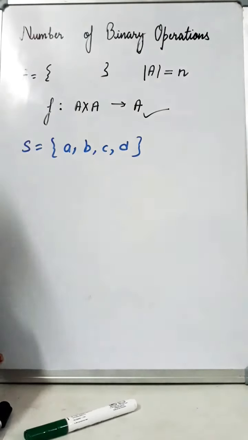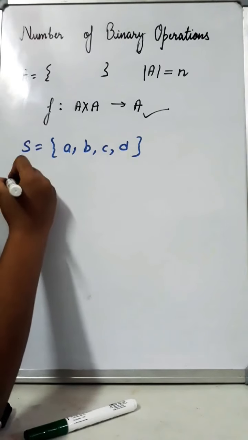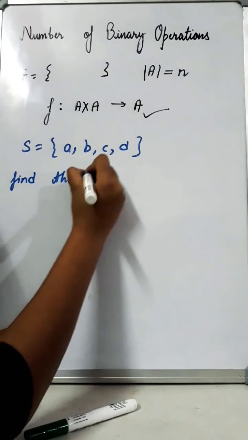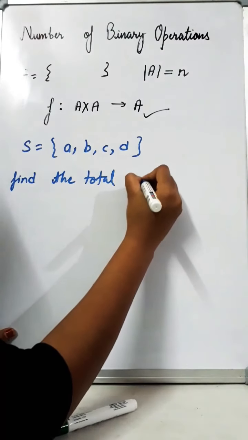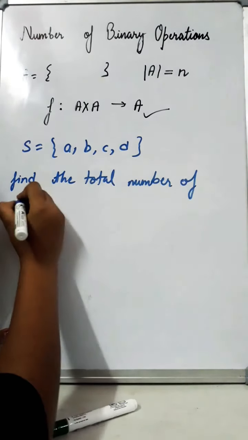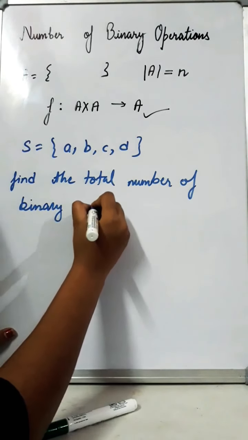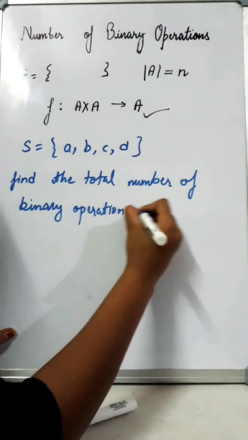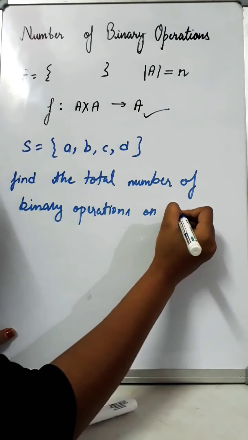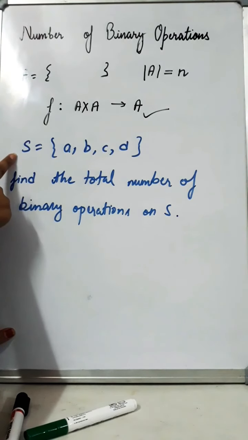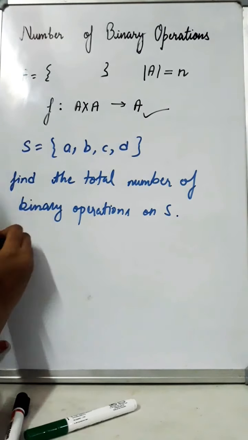You are asked to find the total number of binary operations on S. We know S has 4 elements, and S cross S is going to have 4 into 4, which is 16.